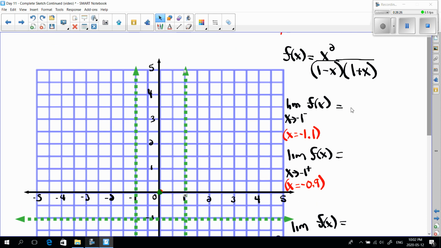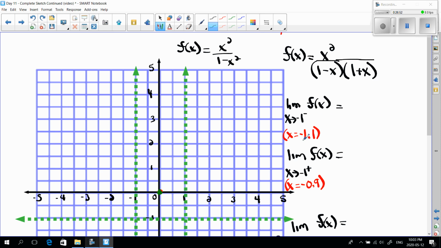Now, this is the function, f of x, and I just wrote it in its factored form. So f of x was equal to x squared over 1 minus x squared, and then I factored the denominator using a difference of squares. And I want to know what's happening on the left-hand side of -1.